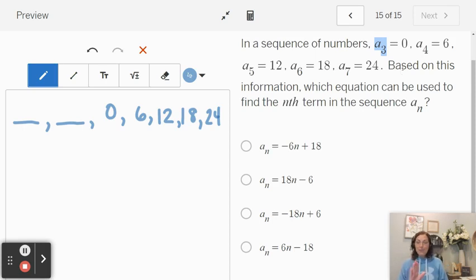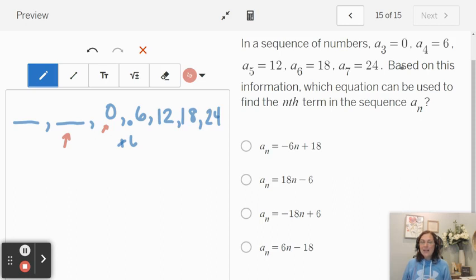Now here's the problem. We can't write a formula unless we know the first term. But you and I are going to figure that out, because watch what happens. So what's the pattern in this sequence? The pattern here is that we add 6. So let me ask you this. If I added 6 to this number and I got 0, what was this number?